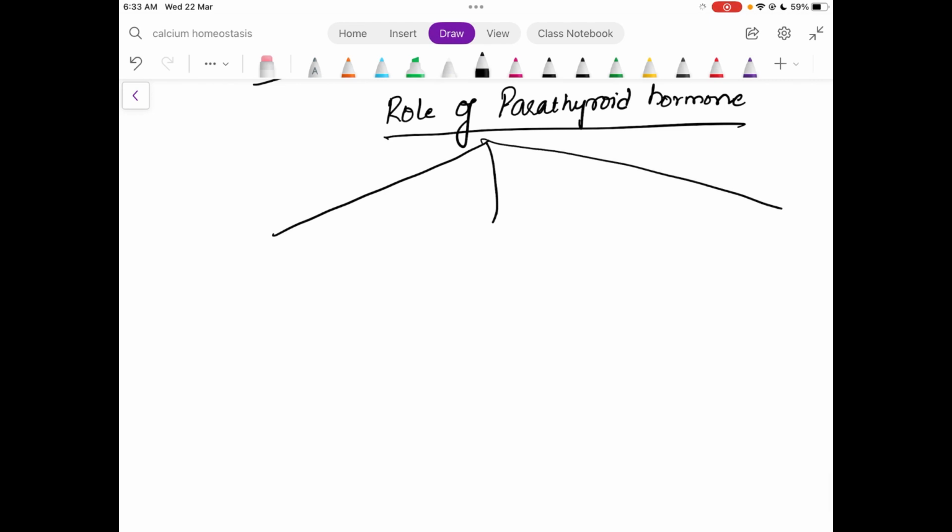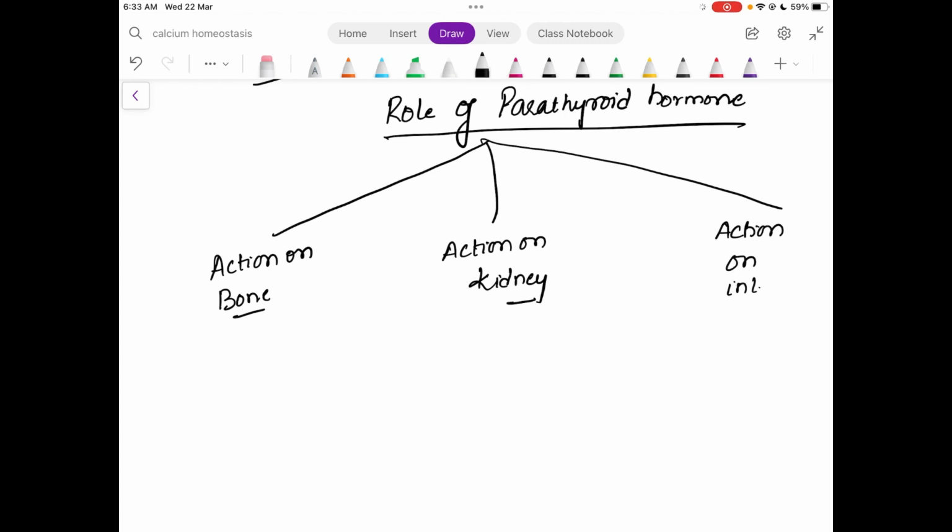This parathyroid hormone will also act on 3 organs, that is they will have action on bone, action on kidney, and action on intestine.